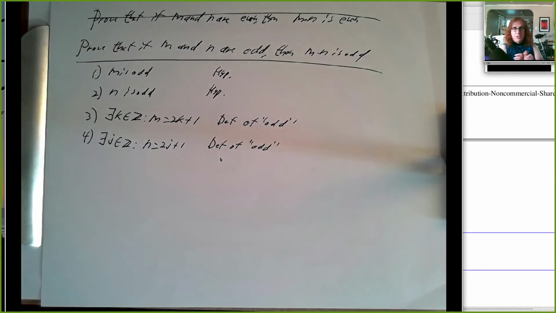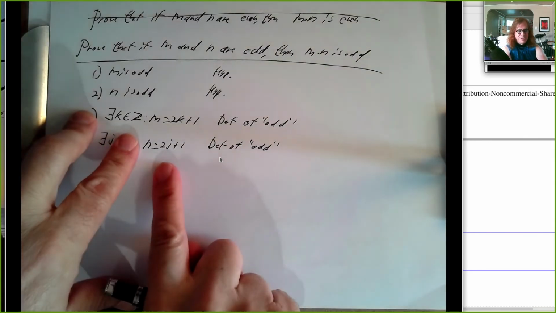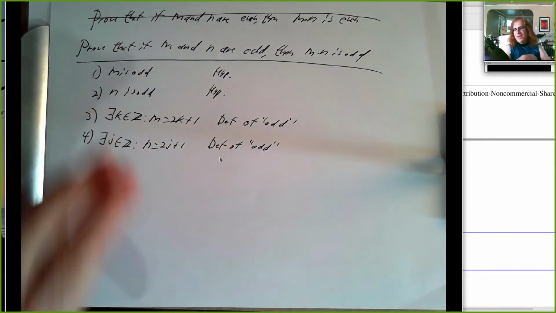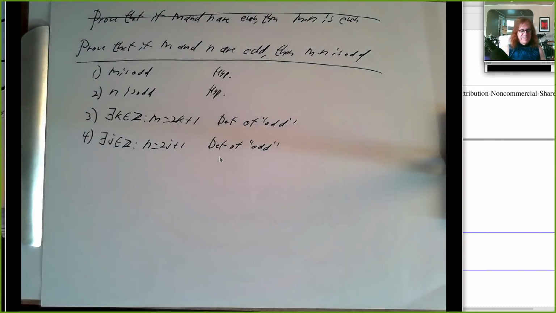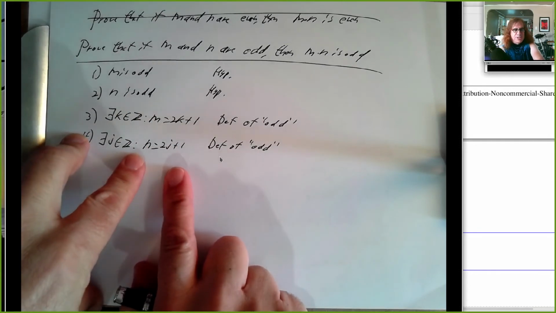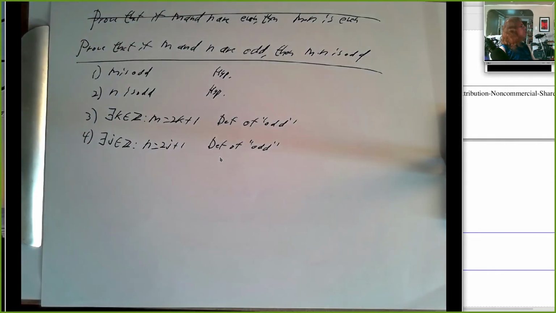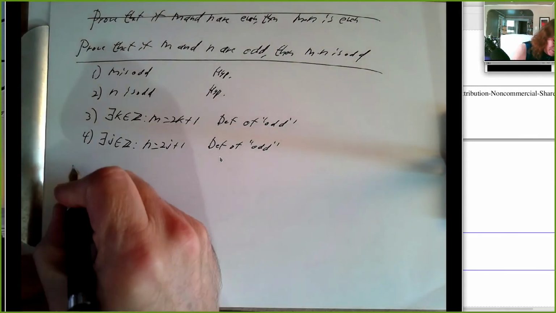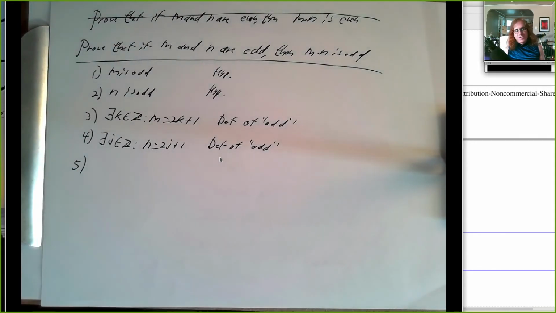That's really critical. Because as soon as I write down n equals 2k plus 1, I've made a really restrictive assumption, which is that m and n are the same number. Now I've written m is 2k plus 1, n is 2j plus 1. And we're going to do the same thing we did in the previous proof.